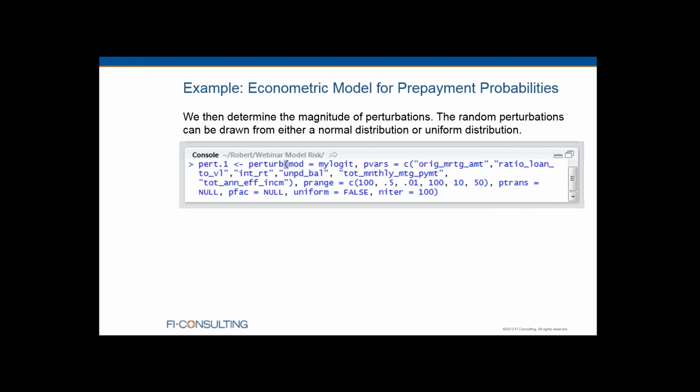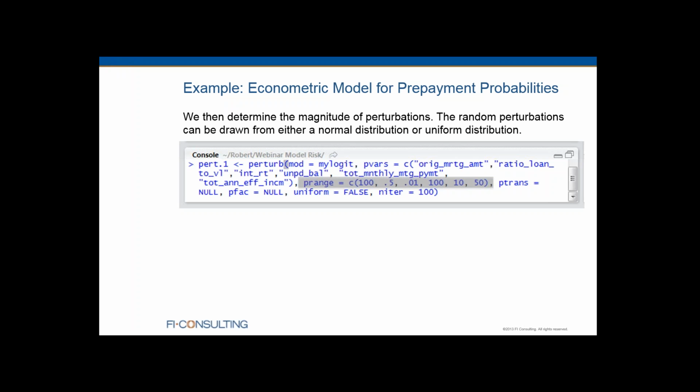We then determine the magnitude of perturbations. Again, we can draw these perturbations from either a normal distribution or a uniform distribution. So again, we have to pass our model. We then specify the variance of our normal distribution.